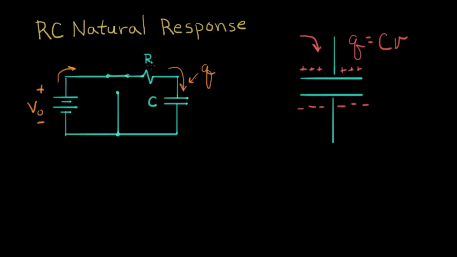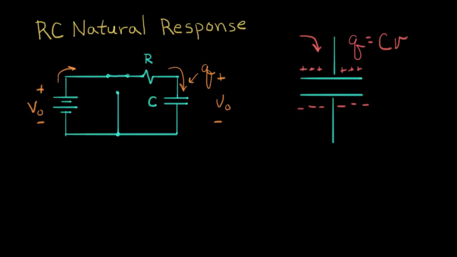As this current flows onto the capacitor, charge accumulates, and eventually this voltage here will rise up to be plus and minus V naught. And at that point, when this point's at V naught and this point is at V naught, the current through the resistor stops. So the current here will be 0, and the voltage at this point will be V naught.